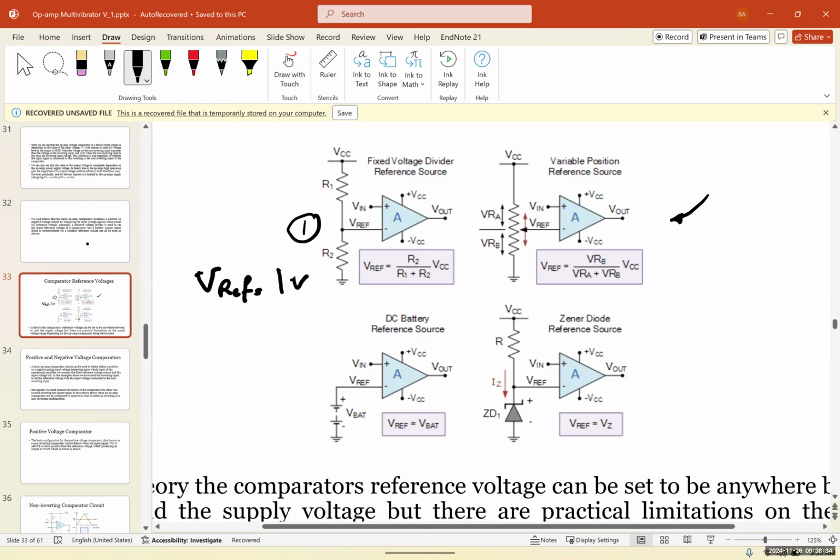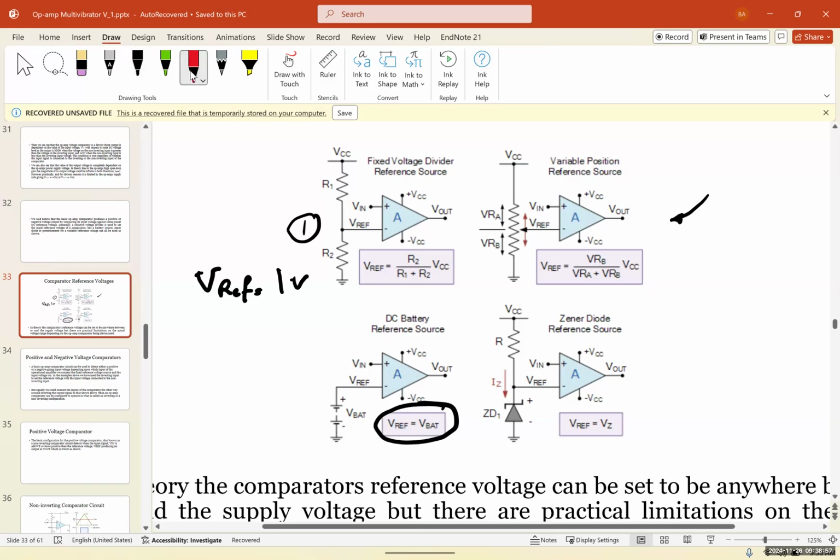The third one is just to use a DC battery reference voltage. So instead of having resistors and a power supply, we can just use the DC battery, directly connected as the reference source. For the third one, V reference is equal to the battery voltage.